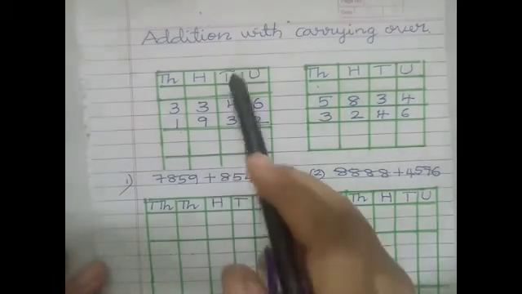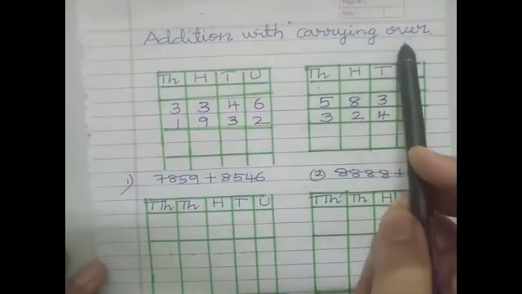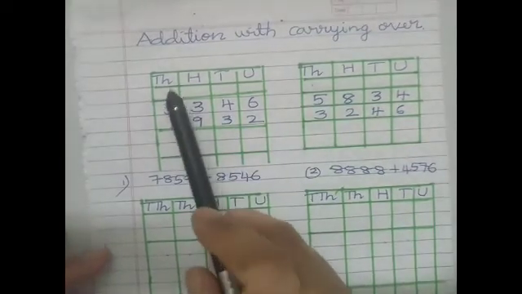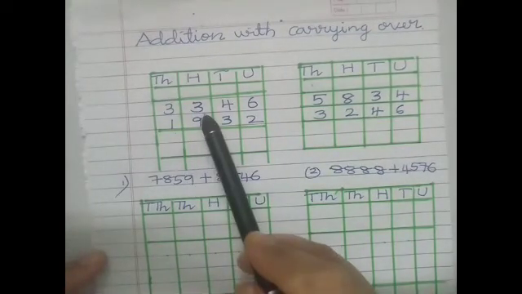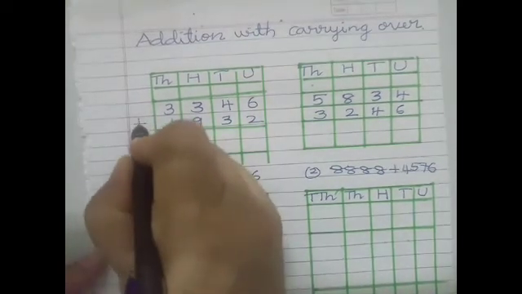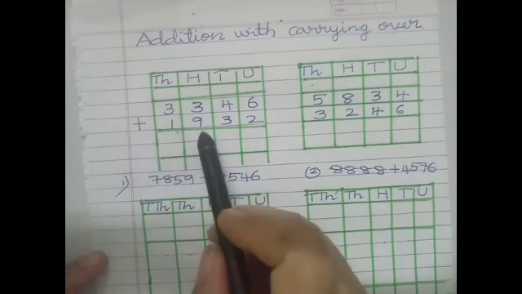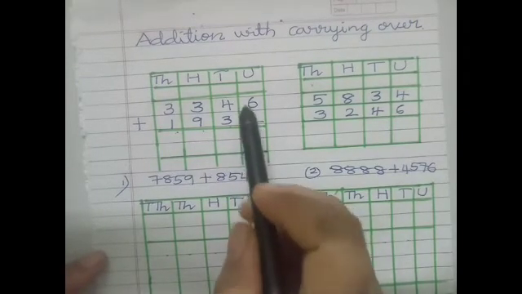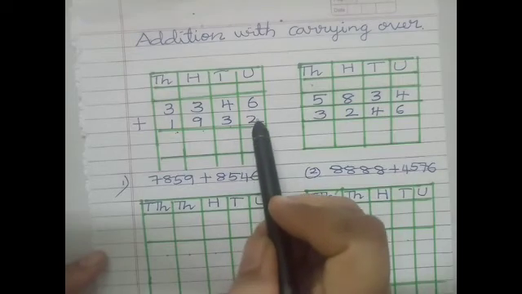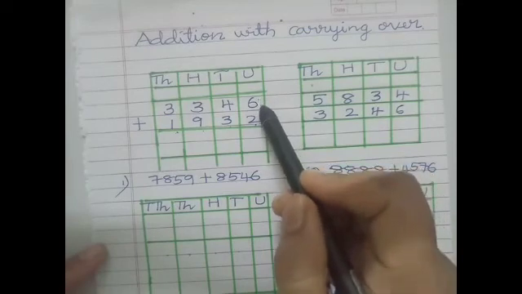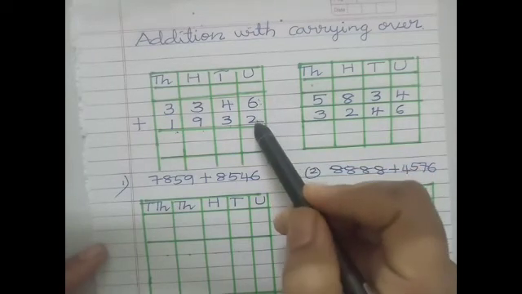Now, children, addition with carrying over. Now, look at the sum here. 3,346 plus 1,932. These two numbers we are going to add. See here in the units place we have 6 and 2. So 6 plus 2, 7, 8.